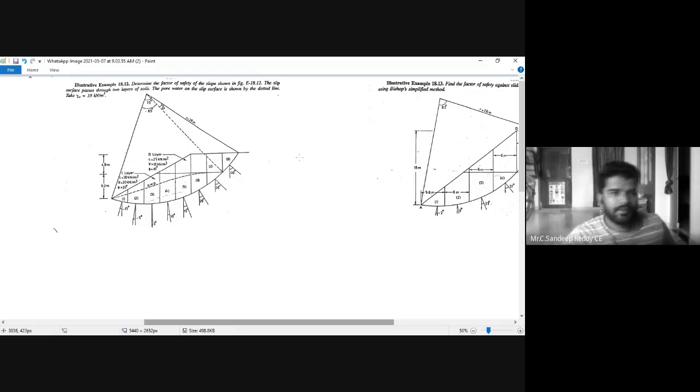You need to take what is W, what is T, using the values of coordinate, height, volume, weight, alpha, all given in the problem. But the only additional thing given is the pore water pressure. You need to calculate it because he mentioned in the problem that pore water is there on the slip surface, and you have to consider that.